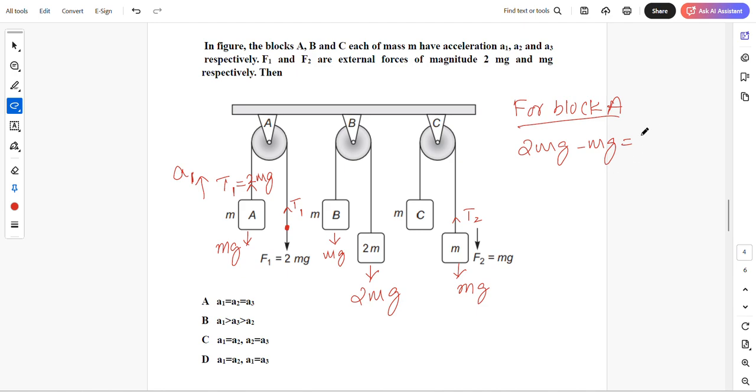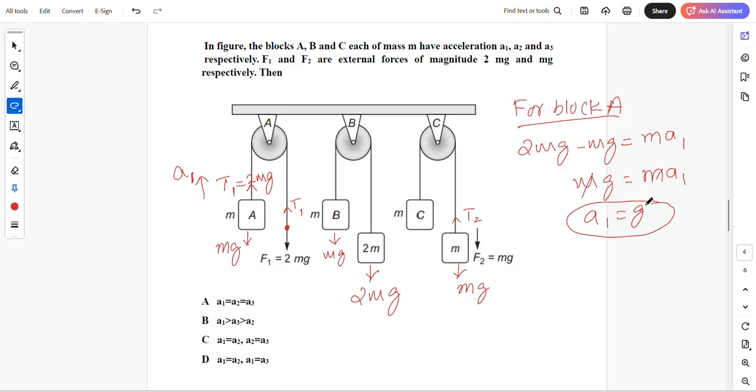Only one mass is there, m into A1. Therefore 2mg minus mg is mg, equal to m A1. m gets cancelled. A1 is equal to g.